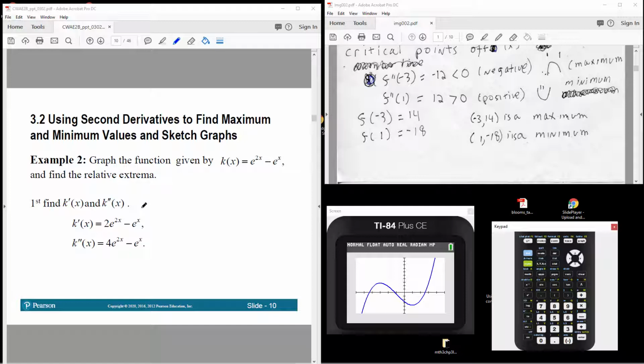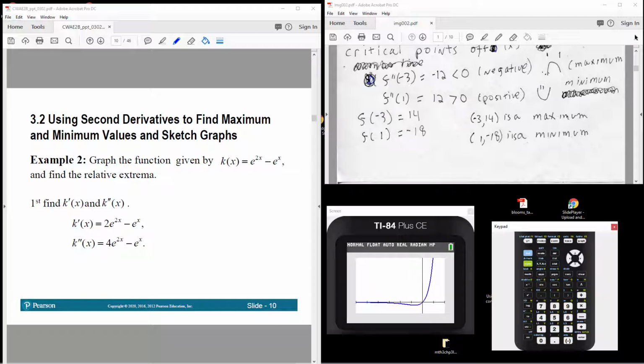So here's another function to graph, and then find the extrema. And there's the graph there, and you see the graph of it here.